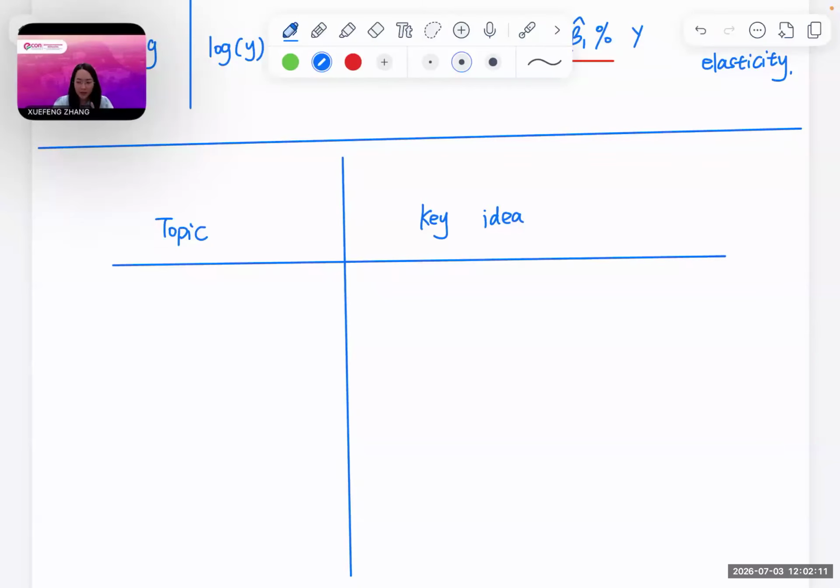So first, you learned what simple linear regression is, the model, which is y equals beta 0 plus beta 1 x plus mu. And how do we interpret beta 1?